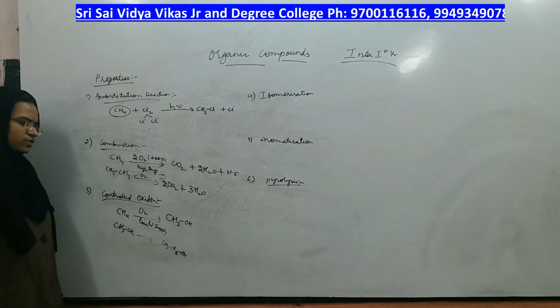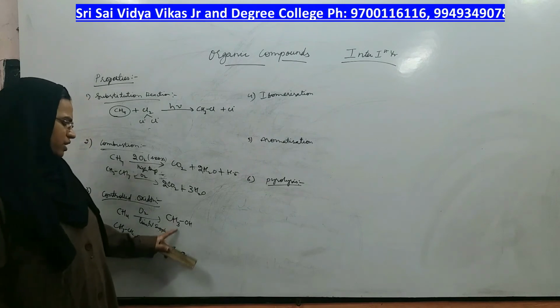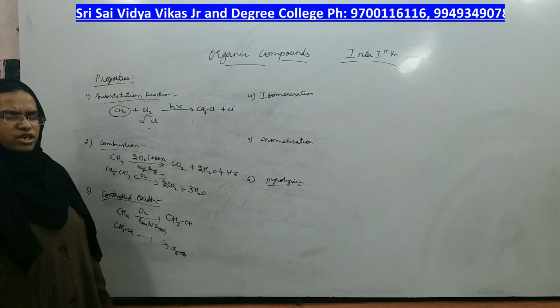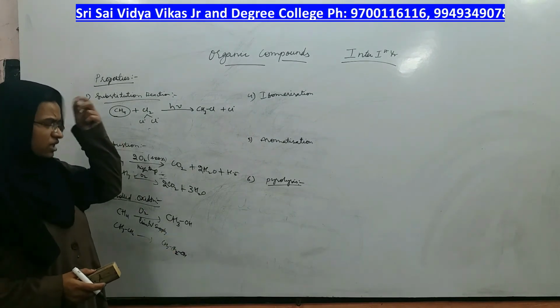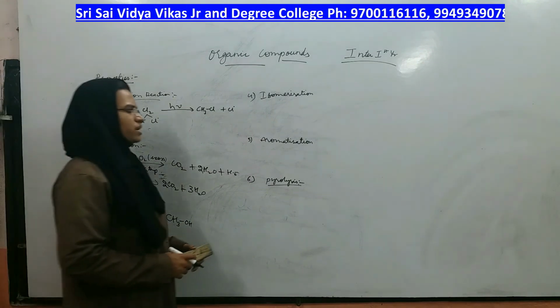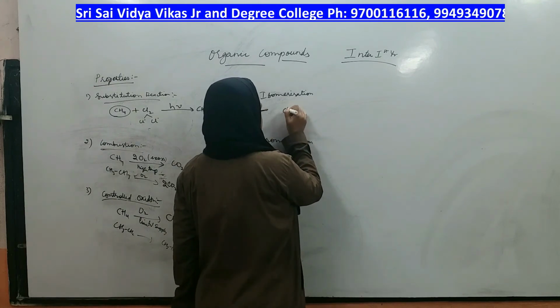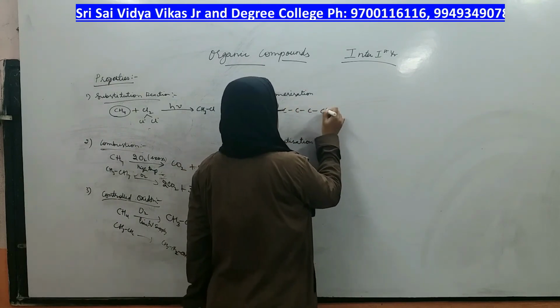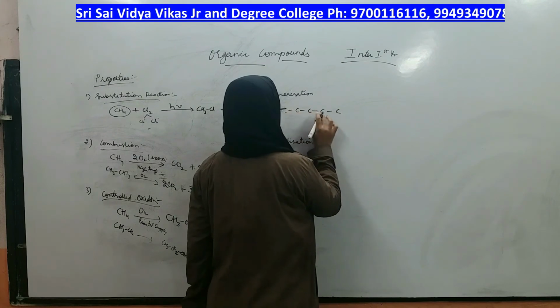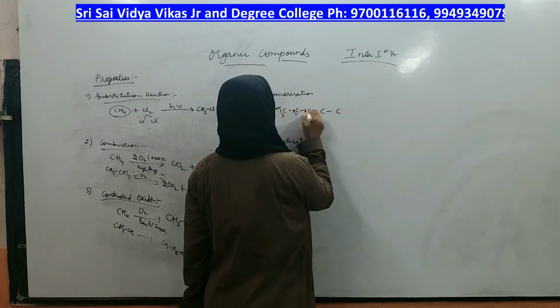Whatever alkane you take, if you give a limited supply of oxygen, that particular product only you will get, not carbon dioxide. Okay. Going to the next property of alkane, isomerization. Isomerization means if you take alkane 1, 2, 3, 4, 5. What is the name of this compound?